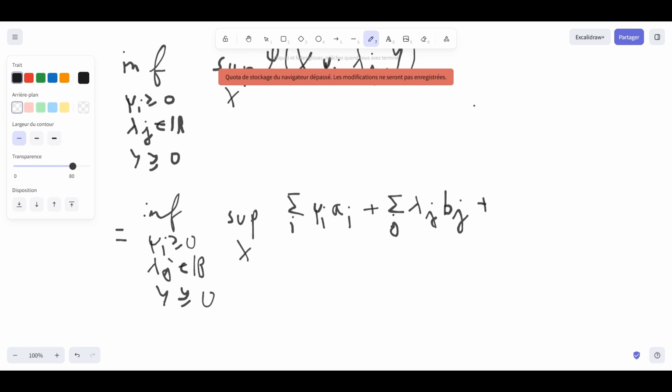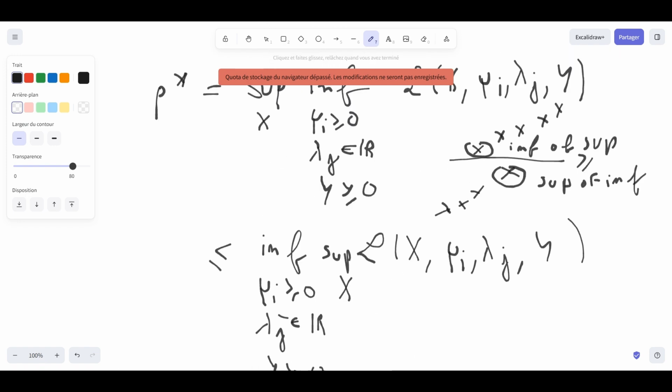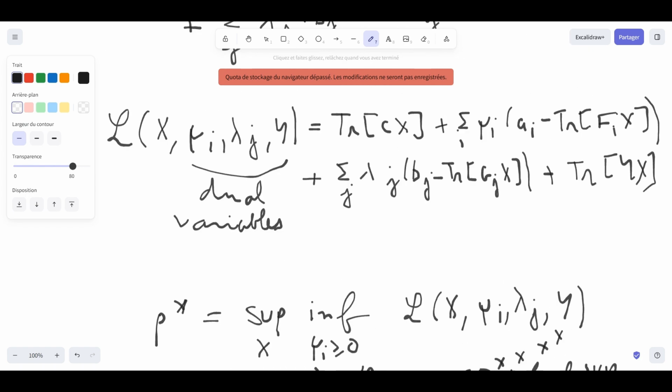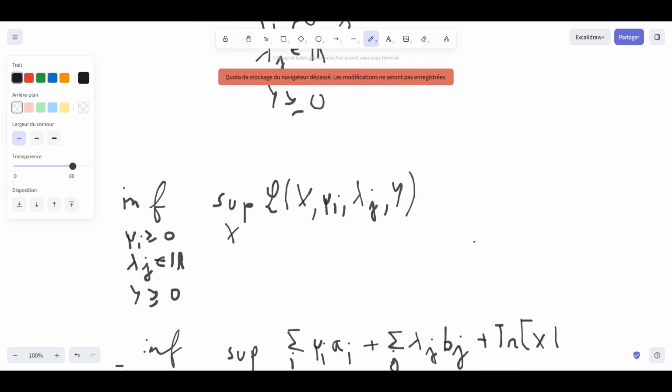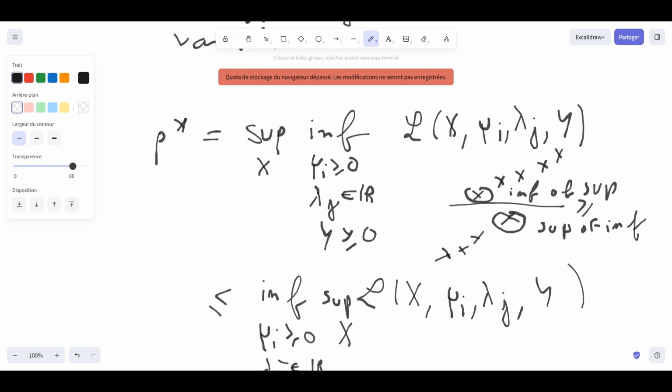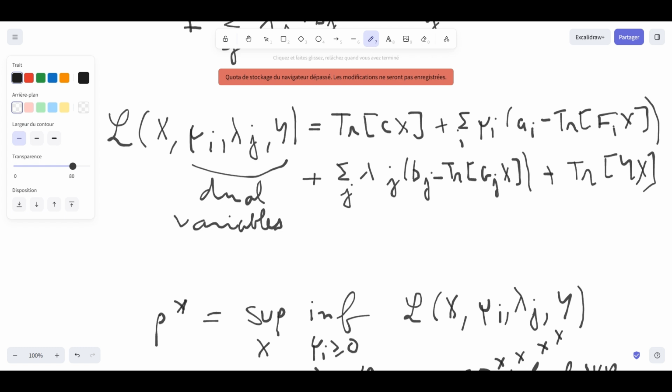Between, plus trace over x of c minus a sum over i of psi i phi i, minus sum over j of lambda j gj, plus y.